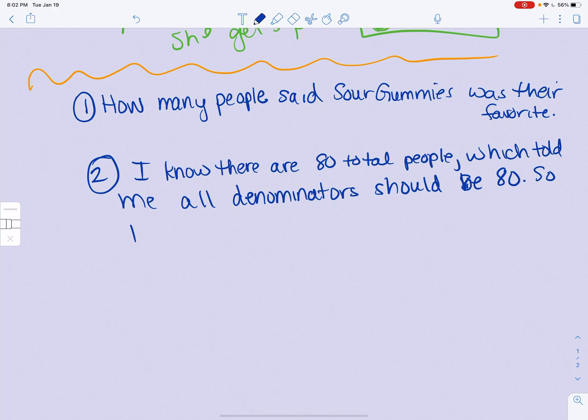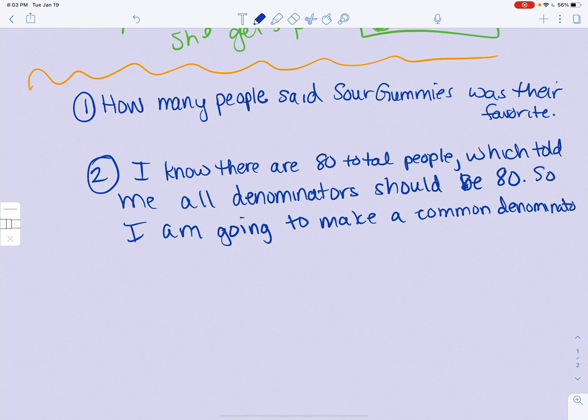So I am going to, let's use math vocabulary, make a common denominator of 80 for all the numbers.